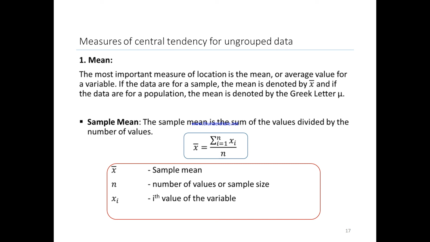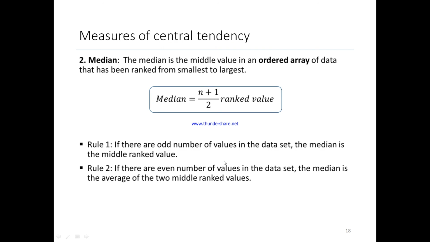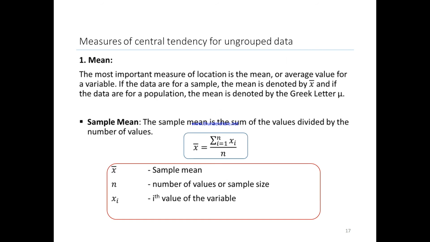What you can do is you simply take the summation of all the values, divide by the number of values you have in the sample, right? So for an example, let's say 1, 5 and 3, you take 1 plus 5 plus 3, that is 9, and since you have three numbers, you divide by 3, so the answer is 3. So the average for that sample is equal to 3.